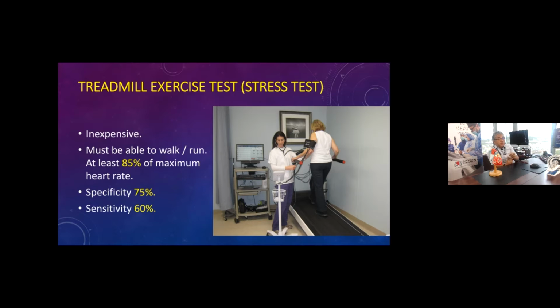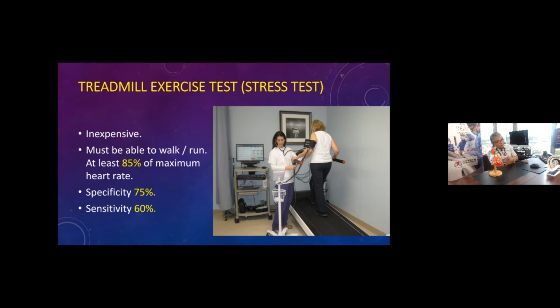The person must be able to walk, at least walk, okay? If a person is very overweight or has any leg problems and is unable to walk for at least 5 to 9 minutes, then it won't be helpful. You have to get to at least 85% of the target heart rate. The target heart rate depends on your age. How accurate is it?